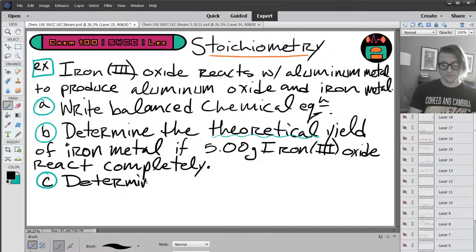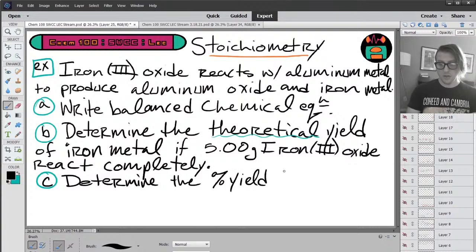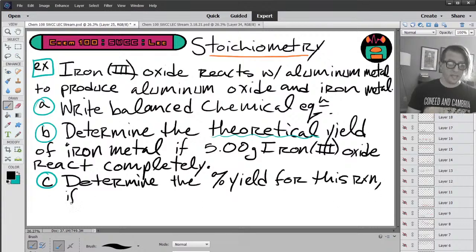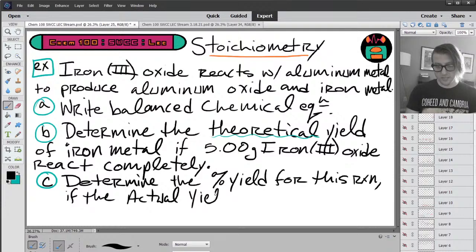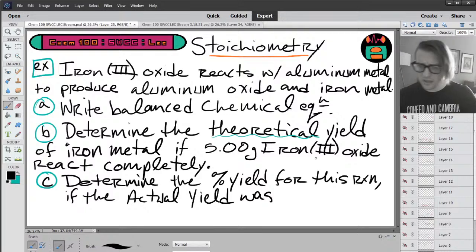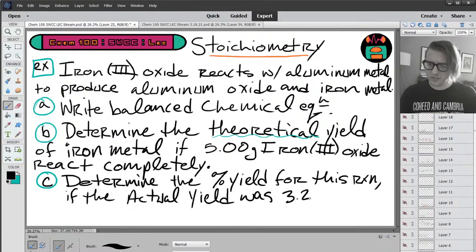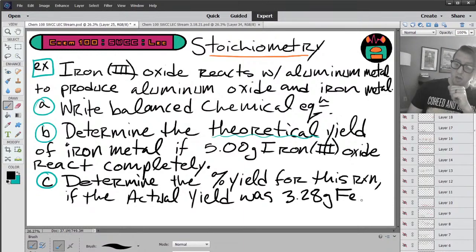Determine the percent yield for this reaction if the actual yield was, let's see, where did I write that? 3.28 grams of iron. All right.